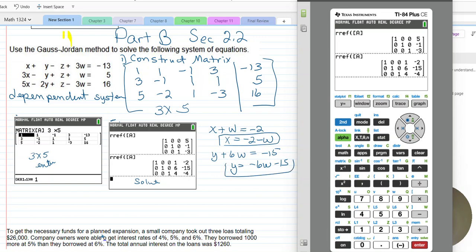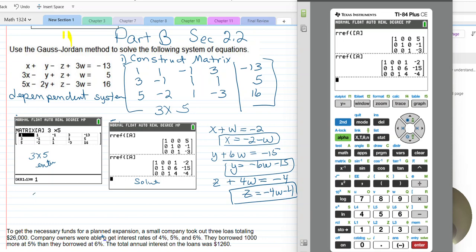All right, so I have my second one. My third one is, let's see, what do I have? z plus 4w equals negative 4. z equals negative 4w minus 4. So now I have all of my solutions.